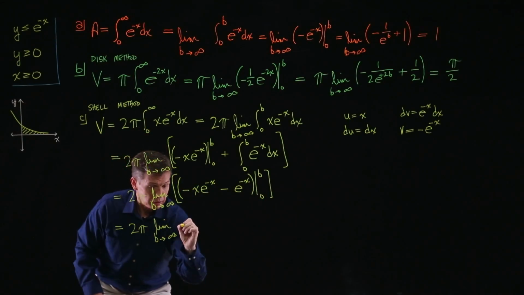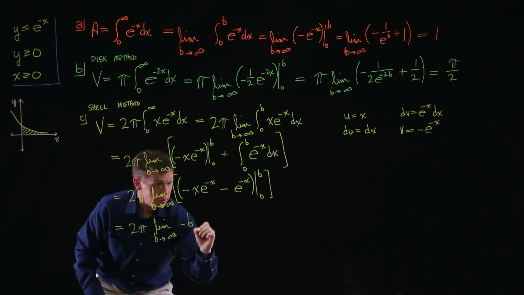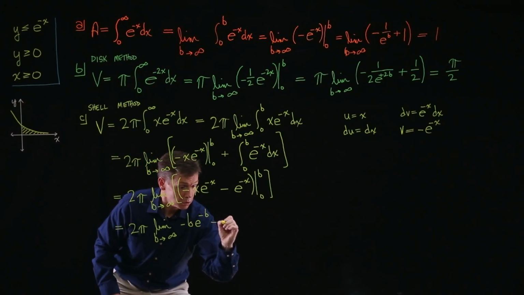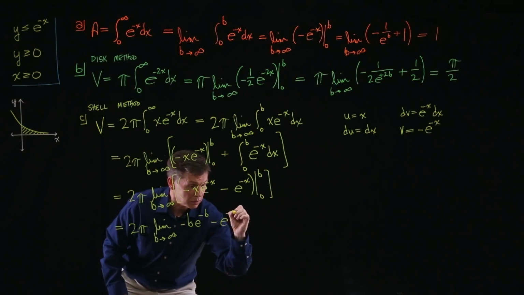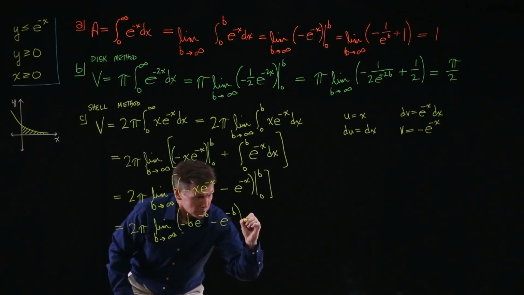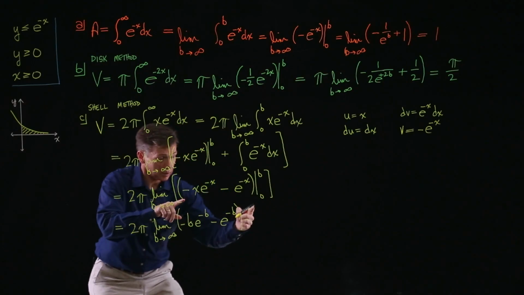And I'm going to put a b in here and get minus b e to the minus b, subtract e to the minus b, and then subtract what happens when I put a 0 in.